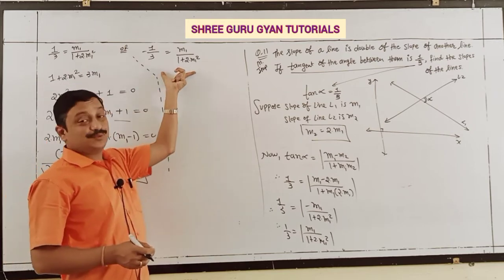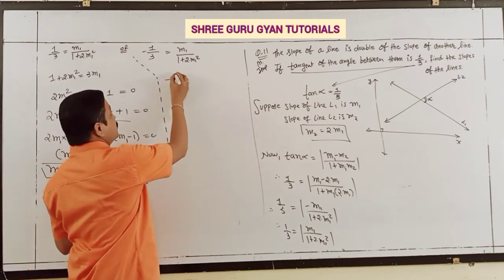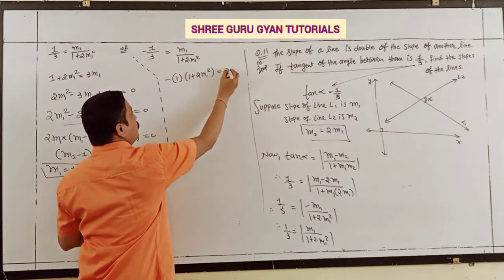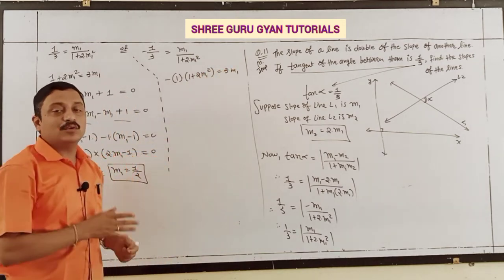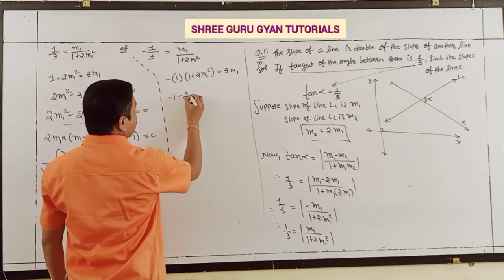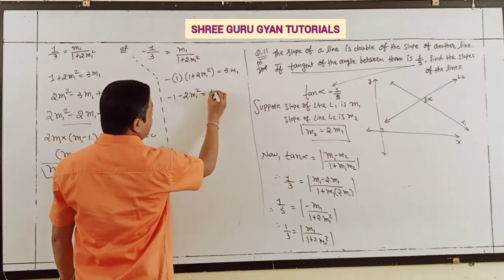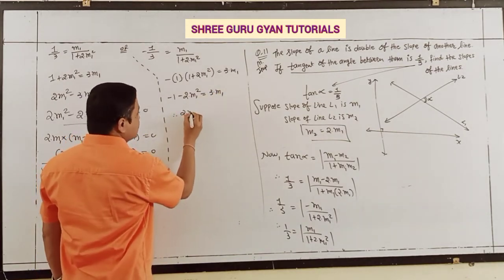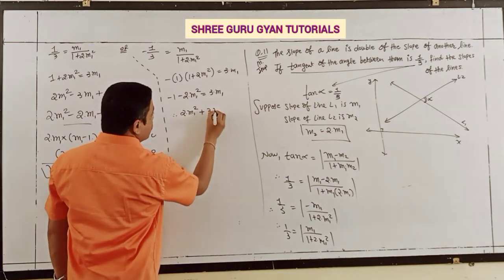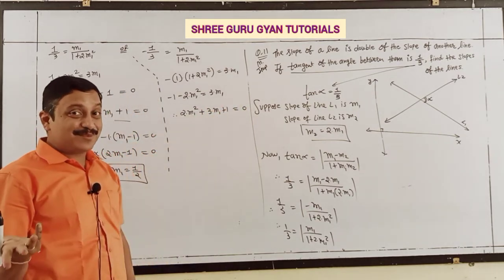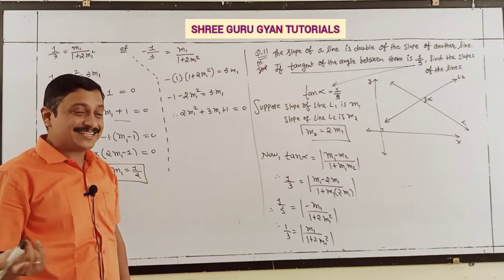Now I go to the negative case. So minus 1 into 1 plus 2m1 square is equal to 3m1. I only write down the cross multiplied value. So minus 1 minus 2m1 square equals 3m1. Can I rearrange? Yes: 2m1 square plus 3m1 plus 1. Splitting the same way but in positive, two ones are 2, I get 3.